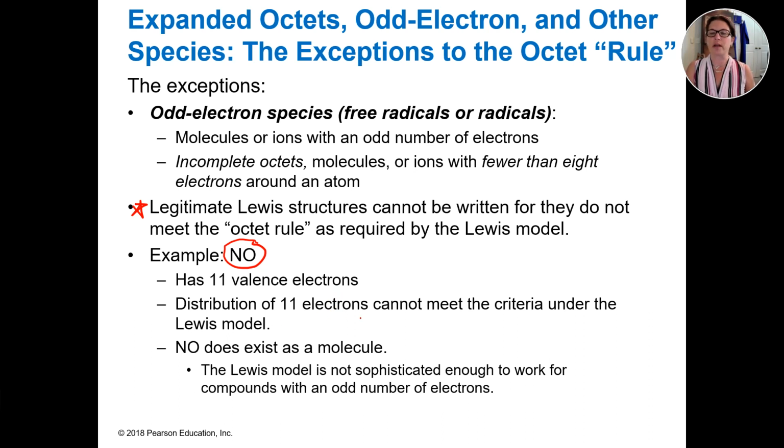And so distribution of the 11 electrons cannot meet the criteria under Lewis. So that's one of the problems with the Lewis structure theory. And so what that means is the Lewis structure model won't work for every single compound out there. Nitrogen monoxide does exist. It is an actual, no kidding, molecule, but it doesn't follow Lewis structure.